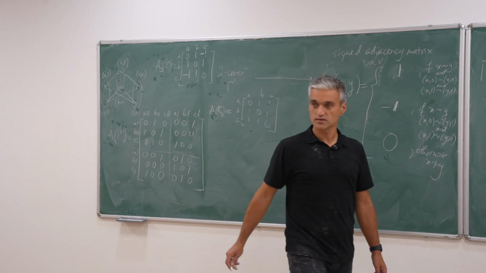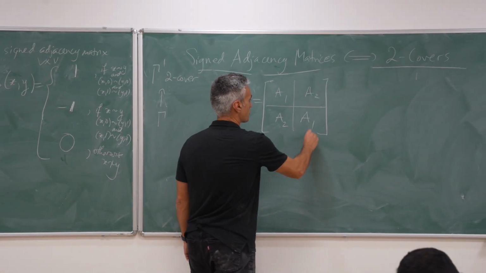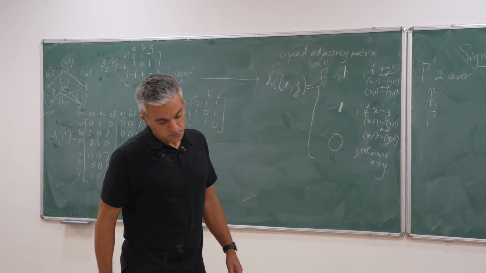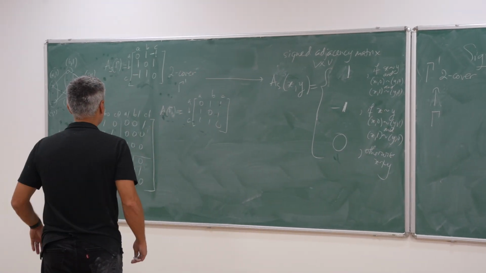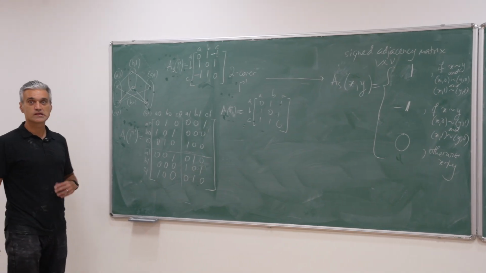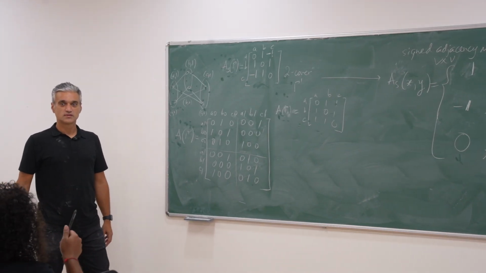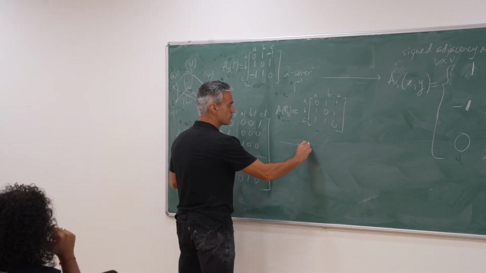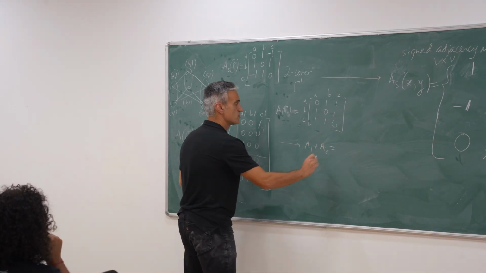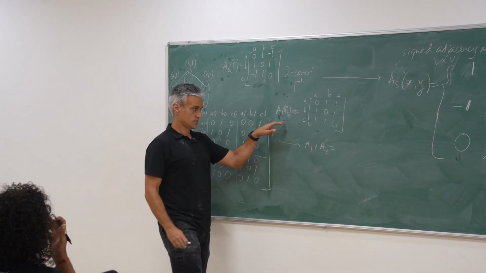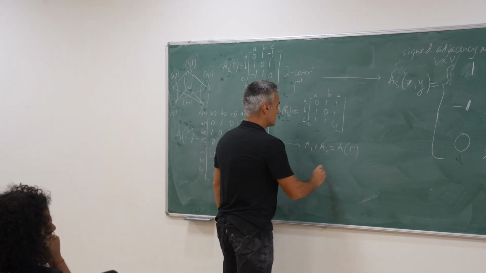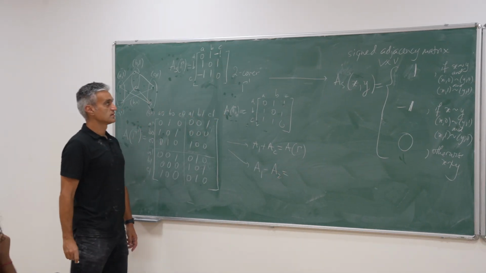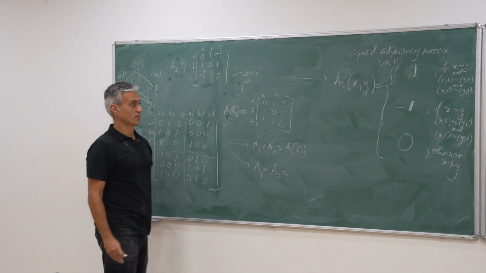A1, it's the same matrix here. So in general, that's what will happen. And what do you notice about this A1 and A2? If this is A1 and this is A2, how much is A1 plus A2? It is A of gamma. And how much is A1 minus A2? It is the signed adjacency matrix.